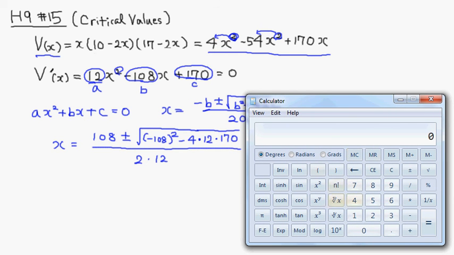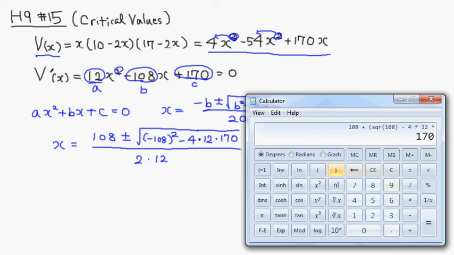It's going to be 108, and it's the positive one, so plus the square root of 108 squared minus 4 times 12 times 170.